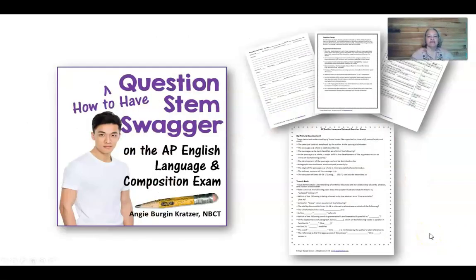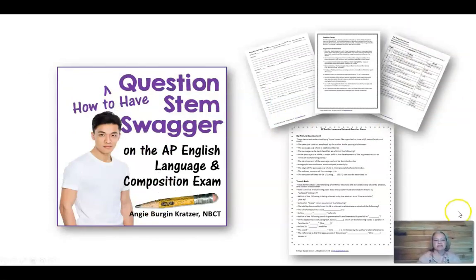I also have a completely separate product called How to Have Question Stem Swagger on the AP English Language and Composition exam. And this one is based mainly on stem design and how the questions are actually framed for students. It has a tips sheet. It's got practice from 2 different pieces of literature.